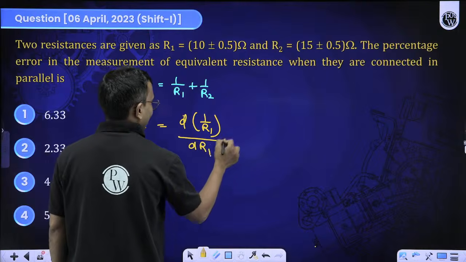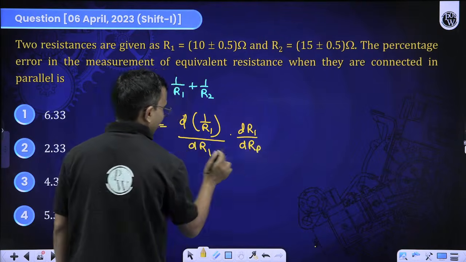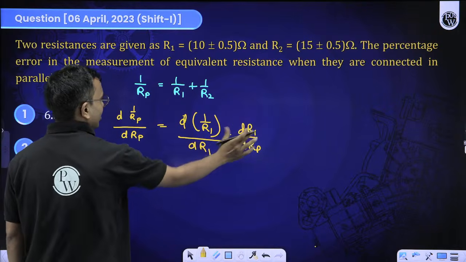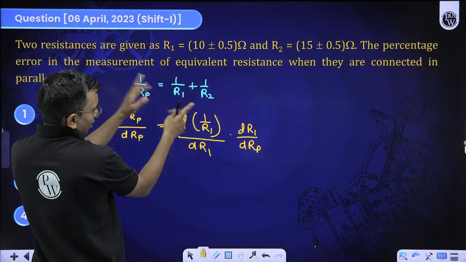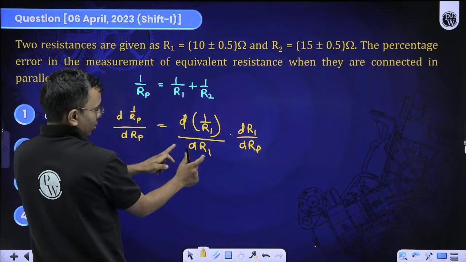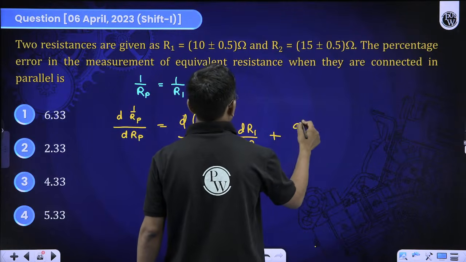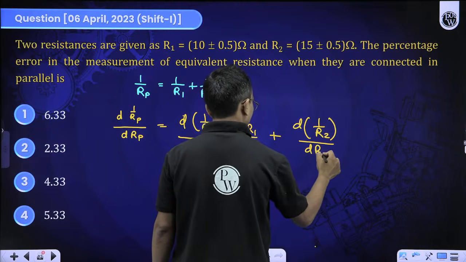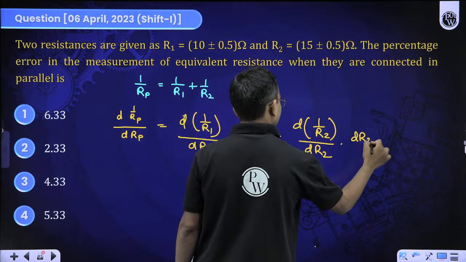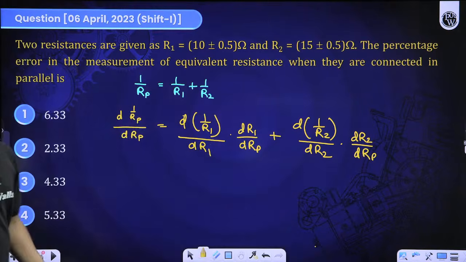I multiply and divide with dR1, because with respect to Rp I cannot differentiate R1, I need R1 only. Chain rule it is, you all know, it is just chain rule. Similarly with R2, multiply and divide with dR2. We got it like this.